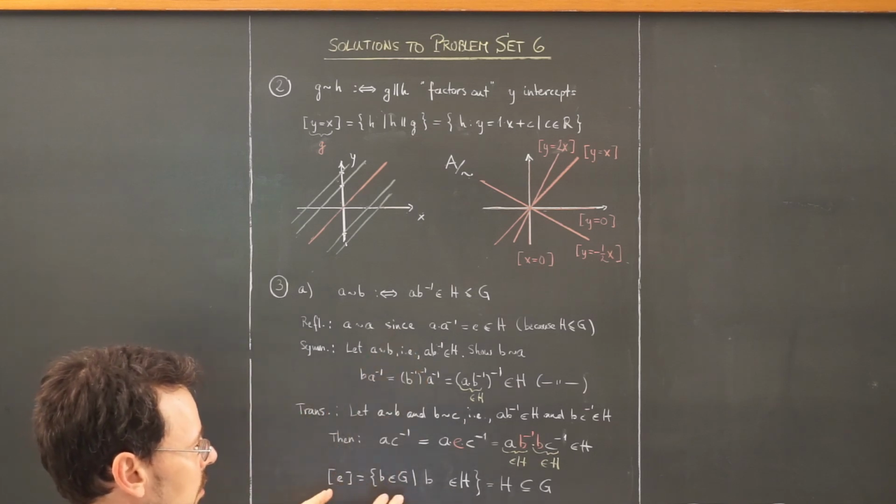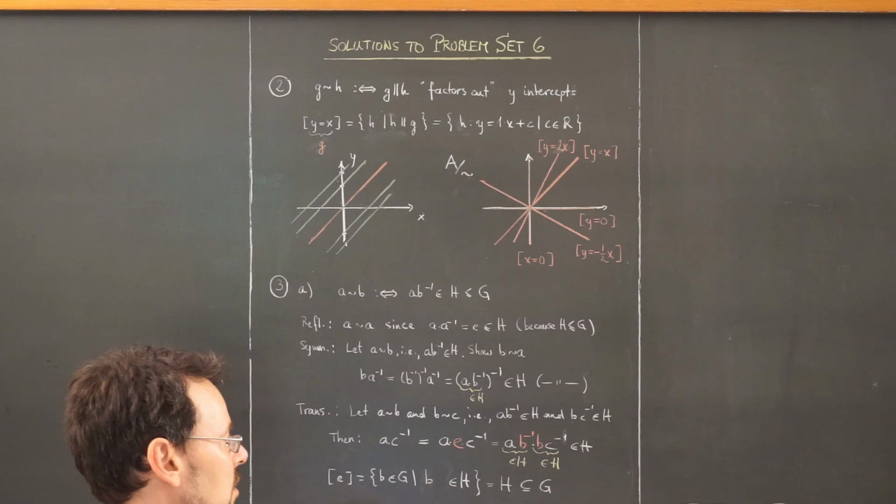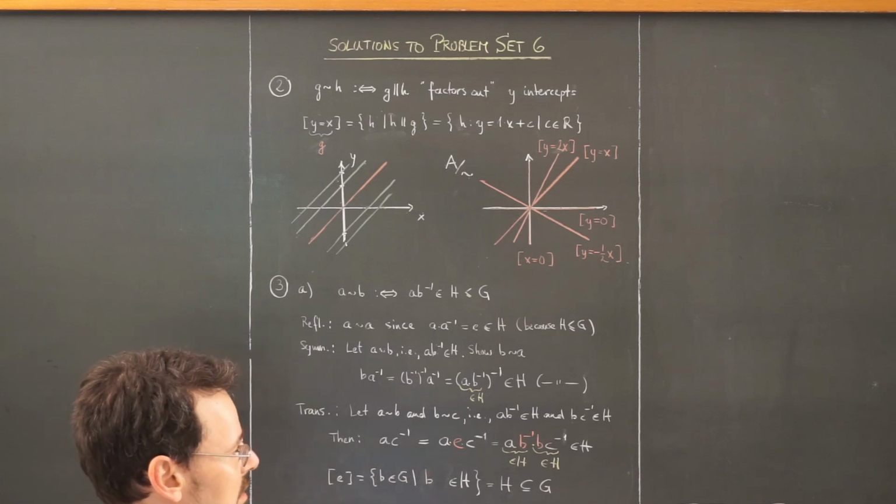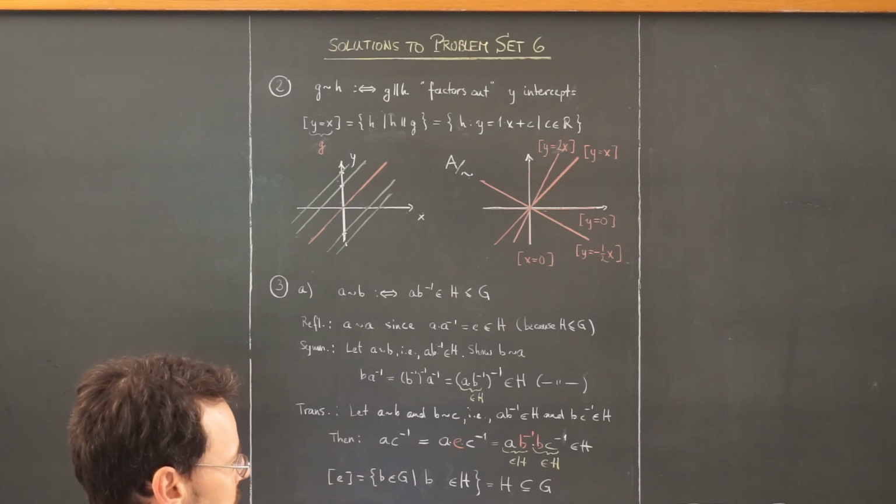And we will work with this equivalence relation a lot in the future. So I hope you really try to do this exercise, or at least that you could follow all the steps here.